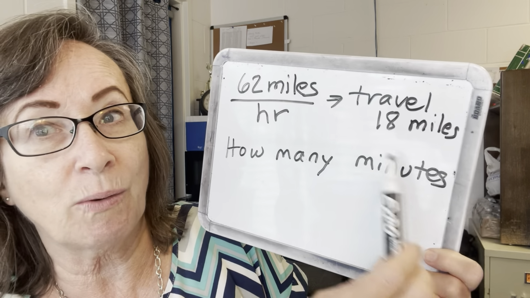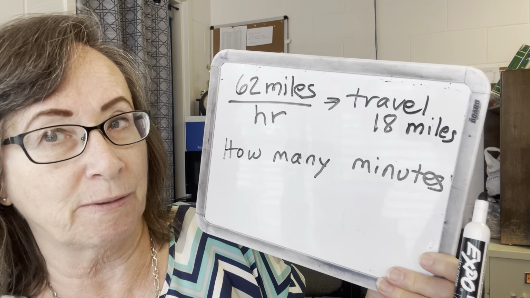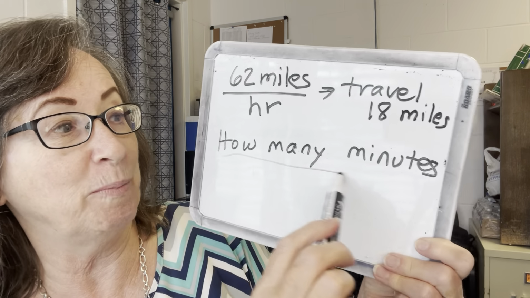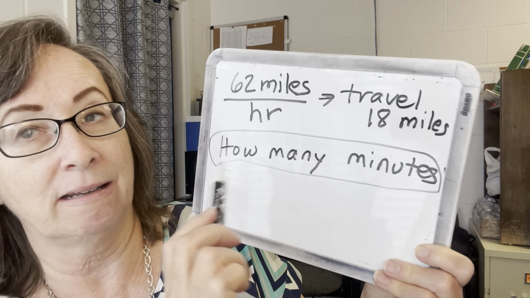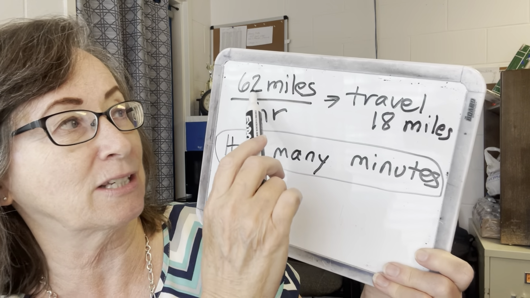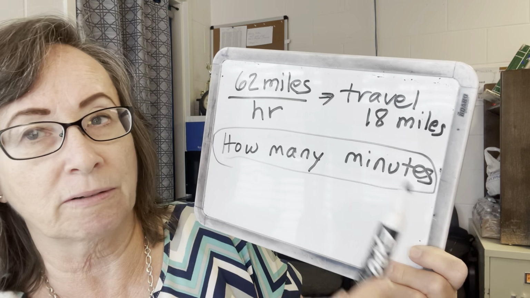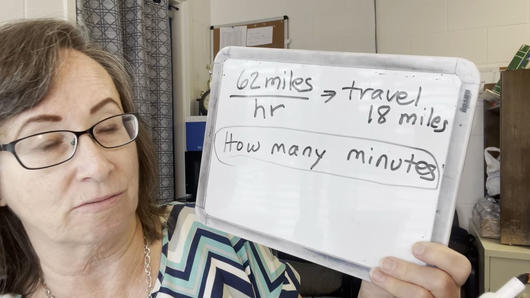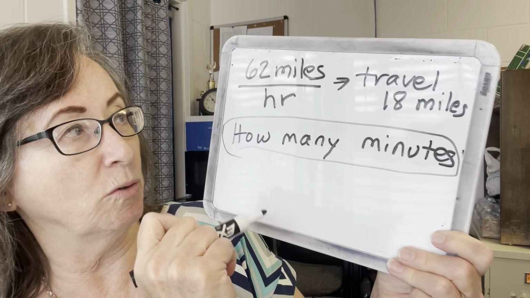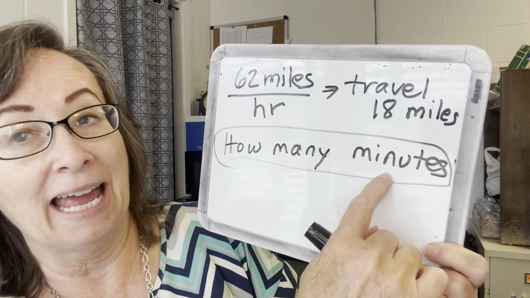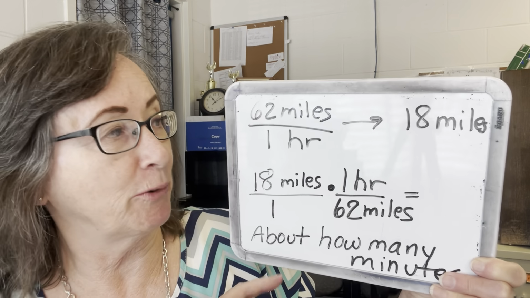It's going to go 18 miles before it hits the next stop. We're looking for how many minutes, not how many hours, because it's going 62 miles every hour, and we're only going 18 miles, right? So what would we do? We would start to get this in hours, and then we're going to move to minutes.